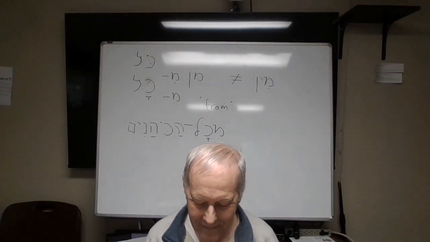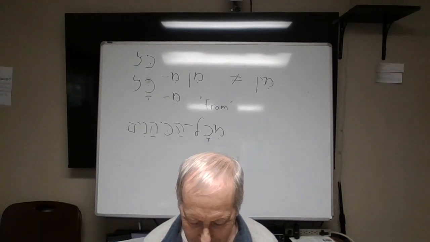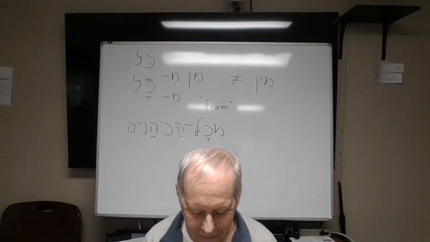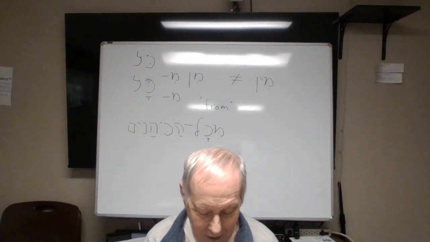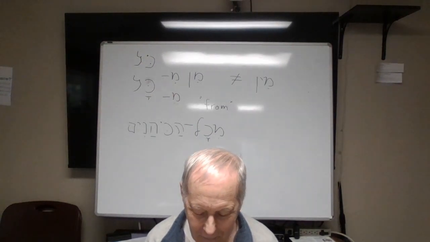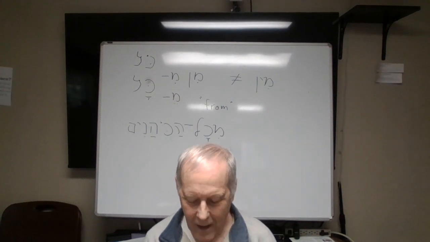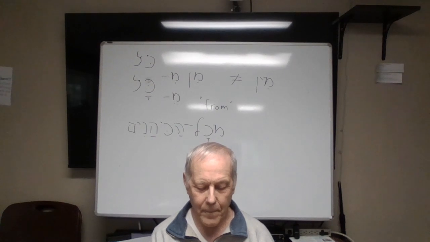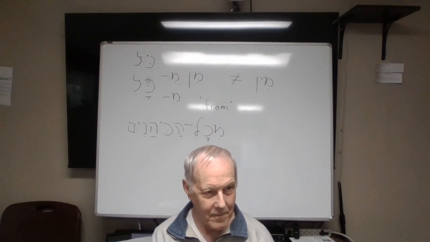Mikol haKohanim al pnei ha'adama. That's a dalet. Ha'adama. HaKohen hazeh haya tov mikol haKohanim al pnei ha'adama. The priest was there.